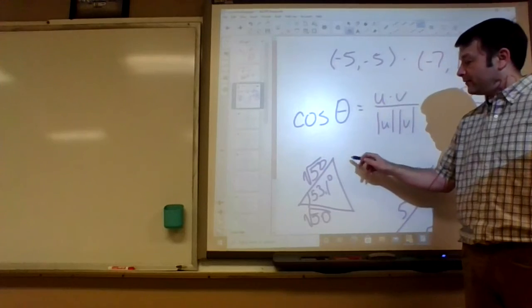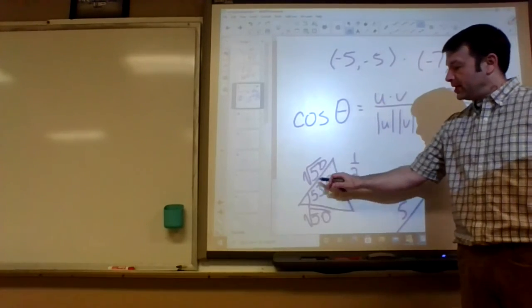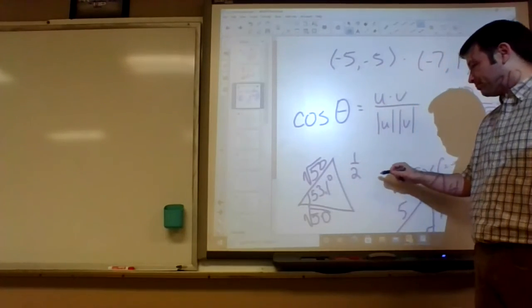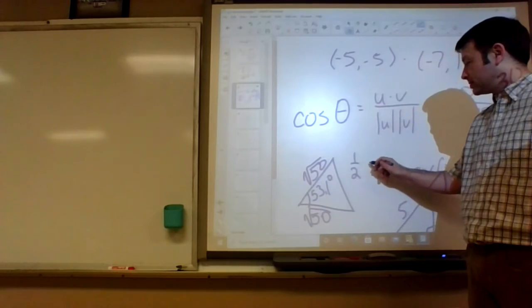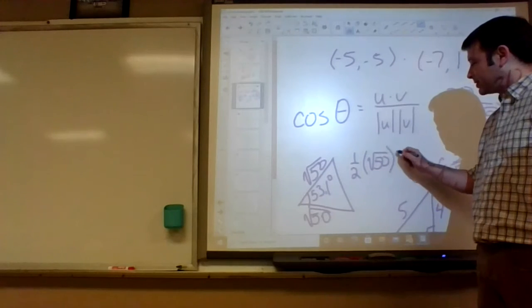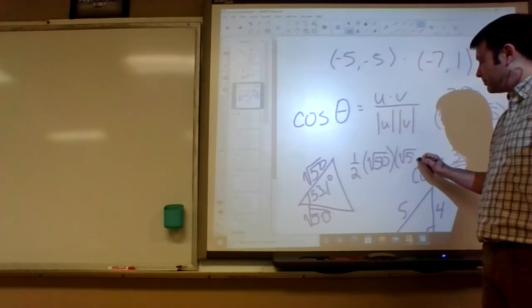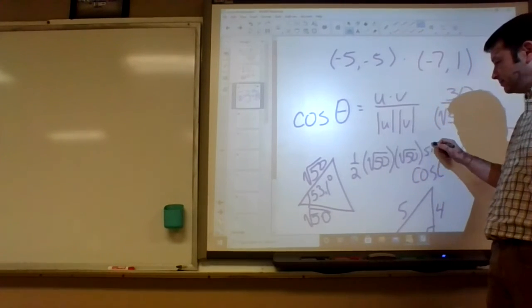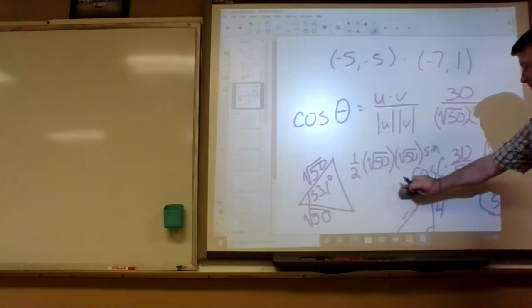So it's 1/2 AB sine of C. A and B are both square root of 50.